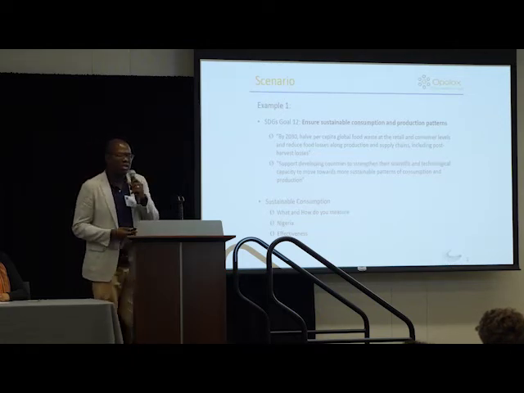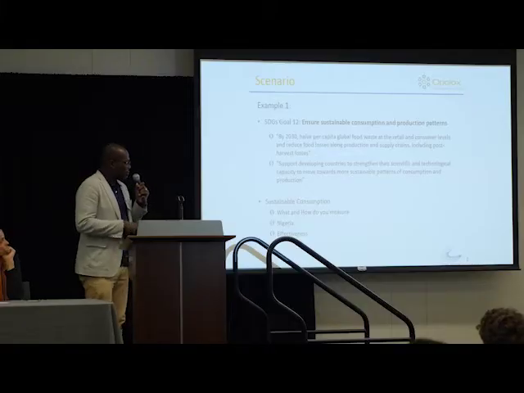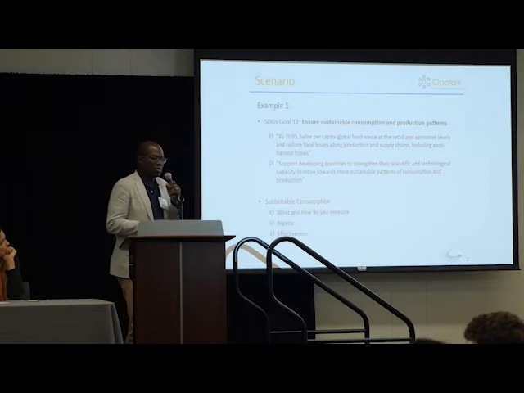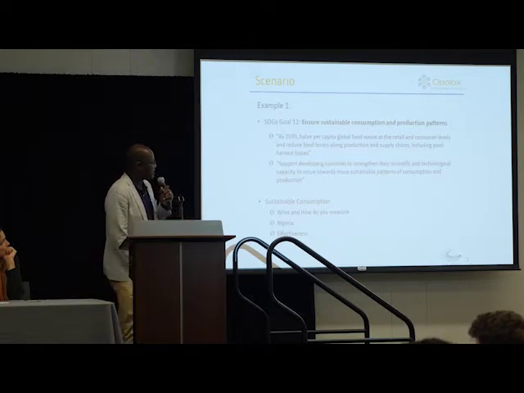But there's so much information, so how do we use data and feedback loops to address what is happening on the ground? In my case, we're looking specifically at Nigeria and how we can address sustainable consumption.